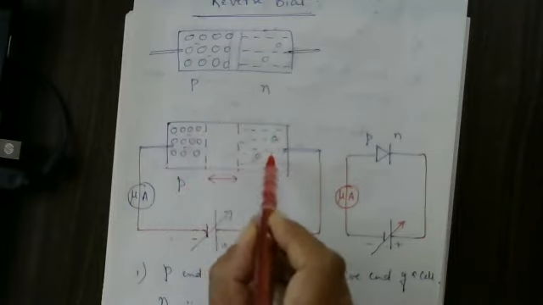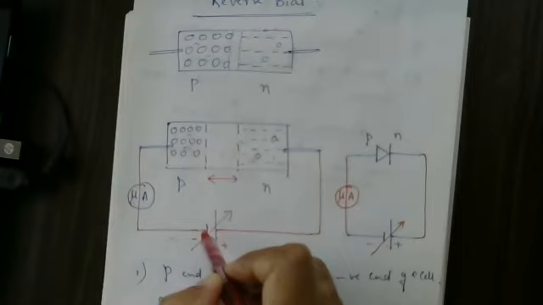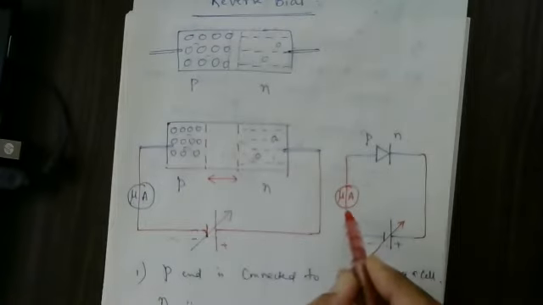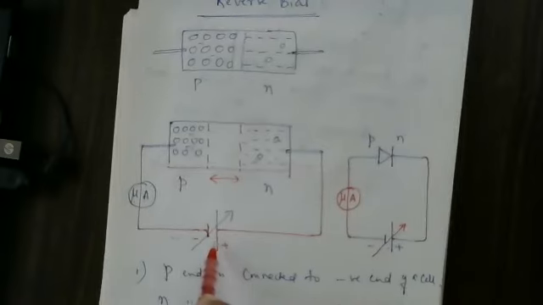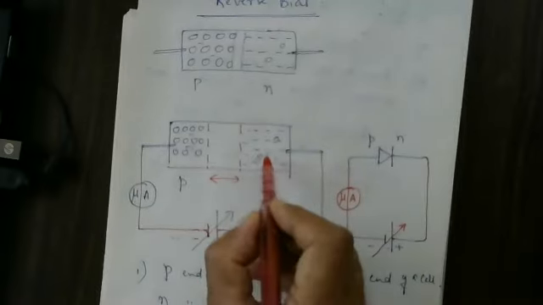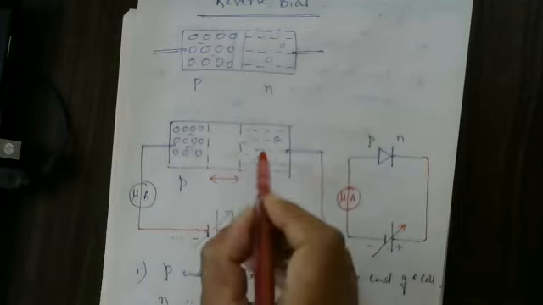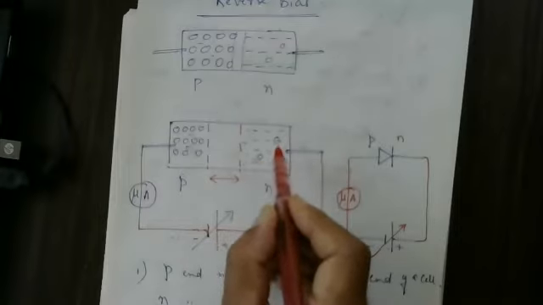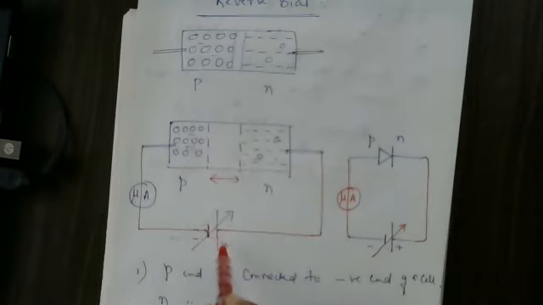Due to the recombination of these minority charge carriers, the current flow suddenly increases compared to the reverse saturation current.